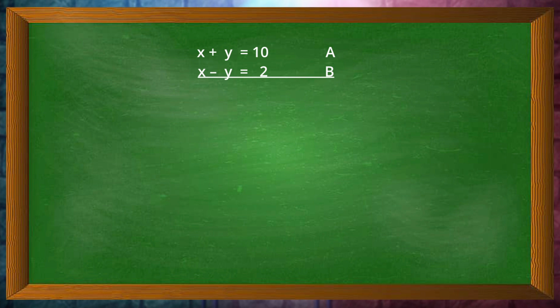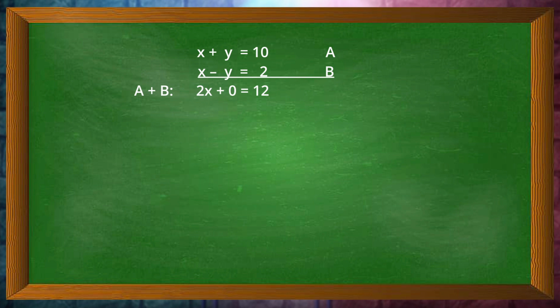If we name the equations, we can show what we are doing. I called them equation A and equation B. Look at what happens if we add these equations together. 1x plus 1x makes 2x.